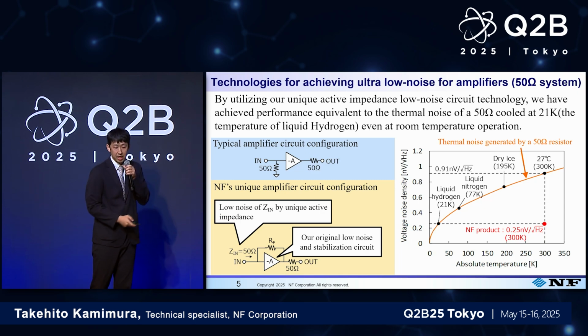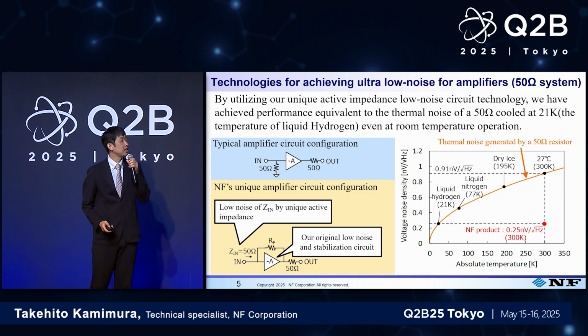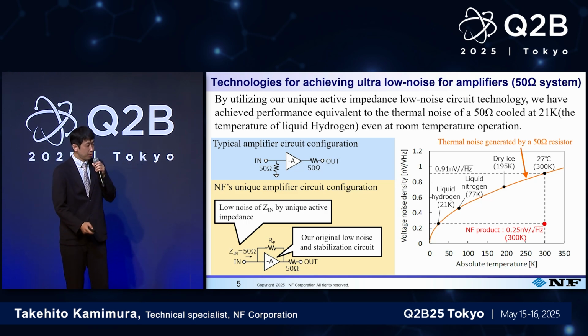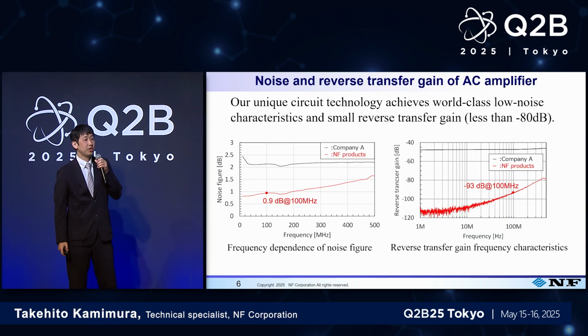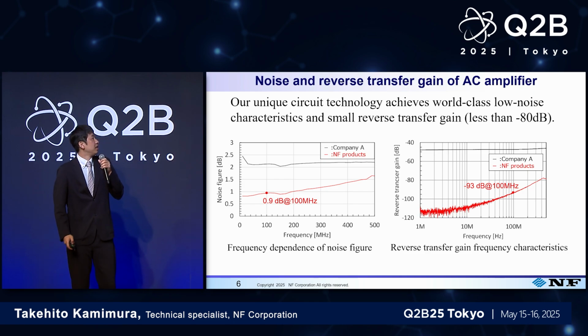On the right-hand side, even at room temperature with 50 ohms, it still produces low noise almost the same as when cooled by liquid hydrogen. So let me introduce how we do this.